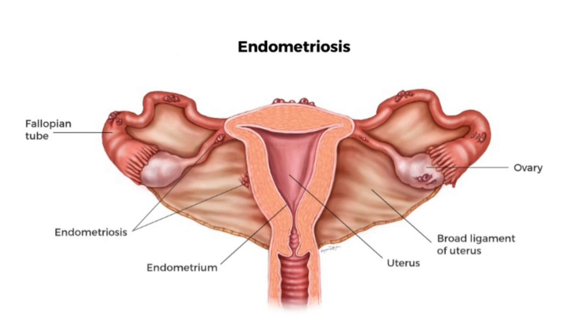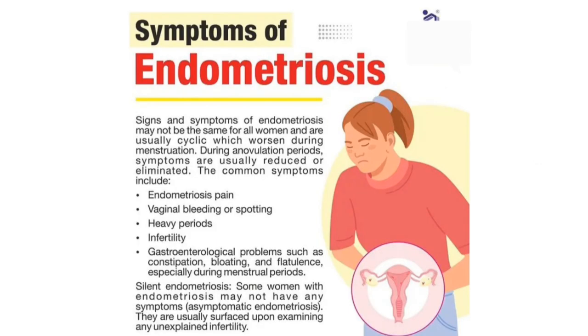So let's move on to the signs and symptoms of endometriosis. So in patients who do experience symptoms, one of the biggest symptoms they are going to experience is pelvic pain. So it's going to be pain in the pelvic area, and this pain is going to have a characteristic feature about it in that the pain intensity fluctuates throughout the menstrual cycle.